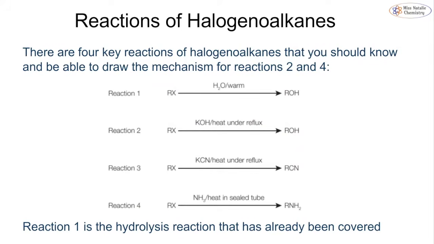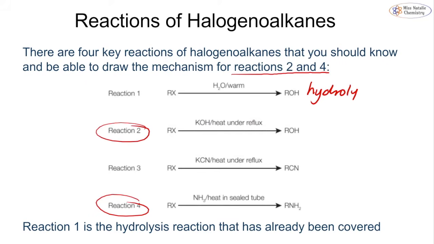So we need to know 4 key reactions of the halogenoalkanes, and you have to be able to draw the mechanisms for reactions number 2 and number 4. So that's number 2 and number 4. Now, I'm not going to go into any more detail about reaction number 1, because this is simply the hydrolysis reaction that we have just been looking at.